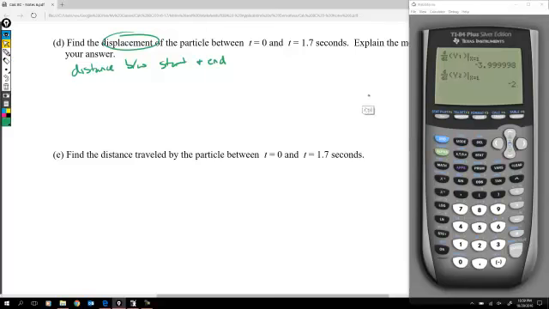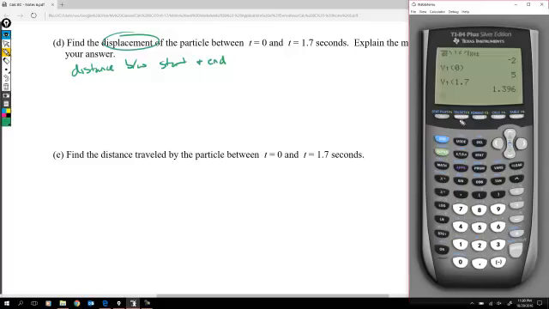Okay, so all I would need to do is figure out what my position at the first time is. So in this case, 0. Right, so my initial position was 5. And then my ending position was 1.396.